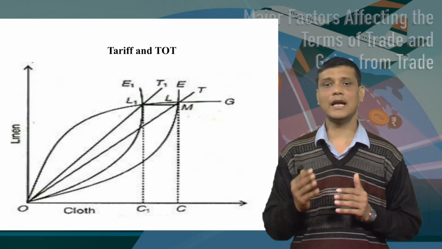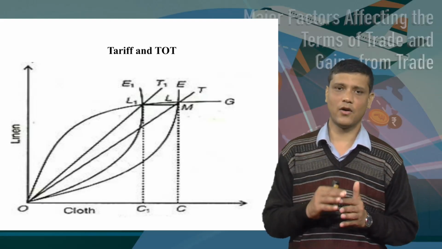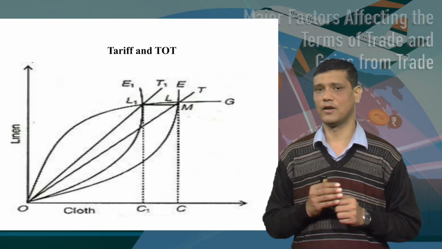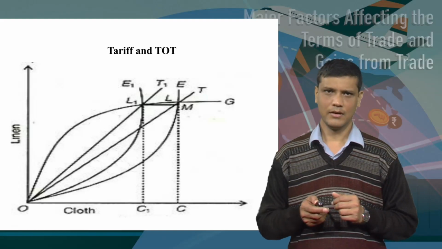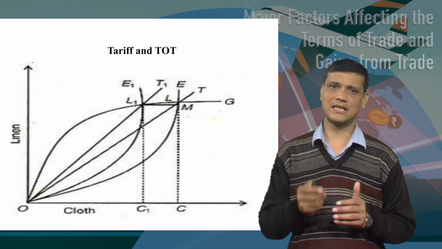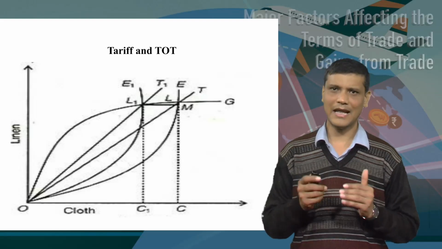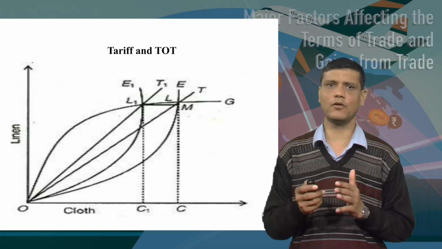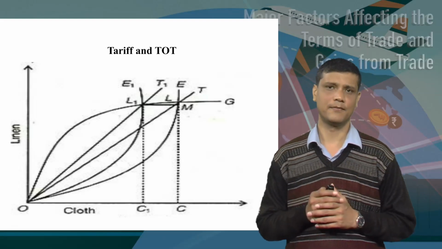Now, England exports OC of cloth in exchange for C1L1 of linen from Germany. It now exports CC1, which is equal to ML1, less cloth than before and imports ML less of linen.